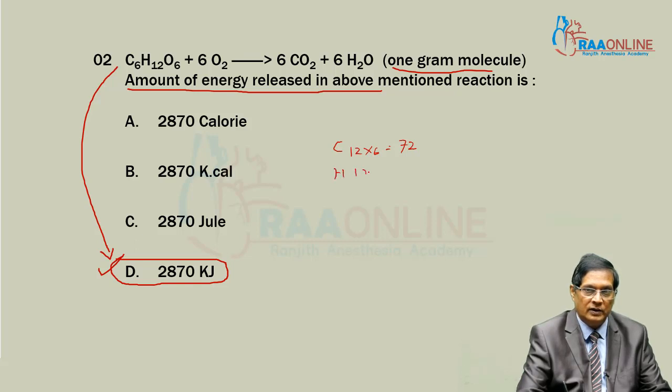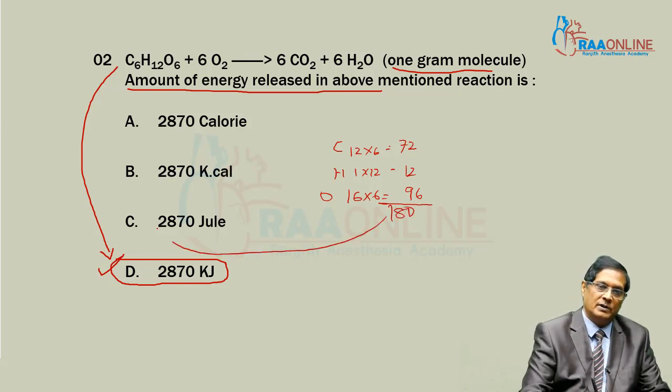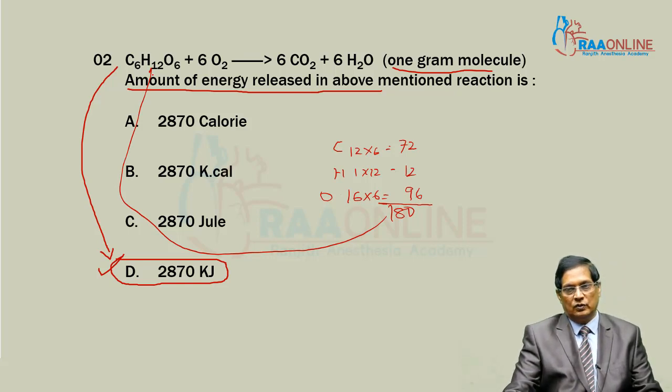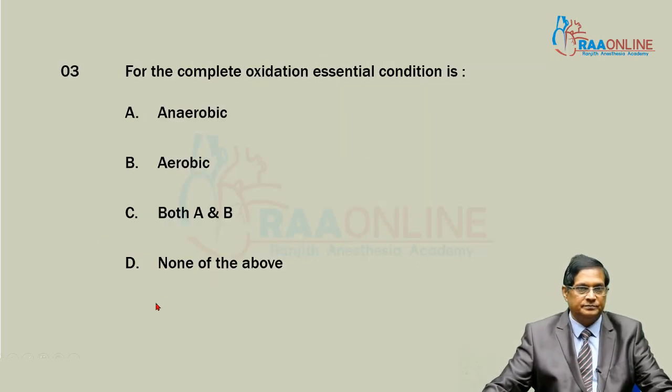Hydrogen 1 into 12, that is 12. Oxygen 16 into 6, that is 96, and the total is 180. That is 180 gram of glucose, equivalent to 1 gram molecule. If it undergoes complete oxidation, it releases this much amount of energy.